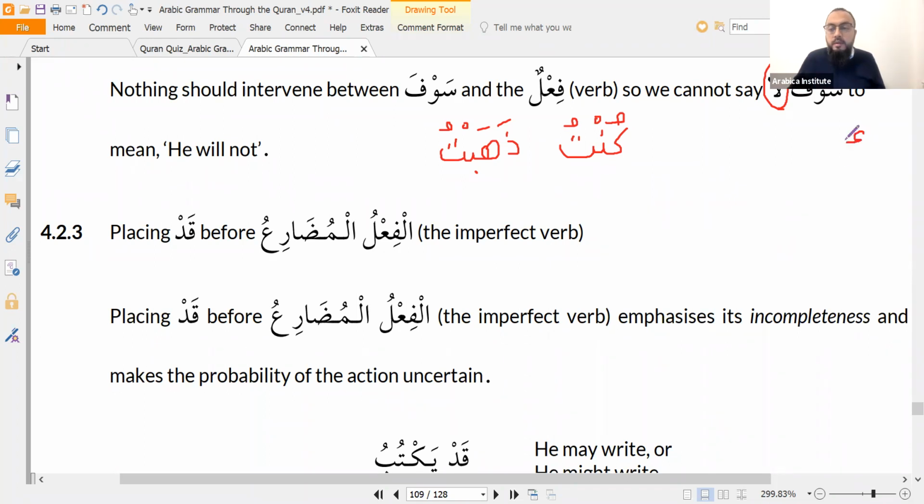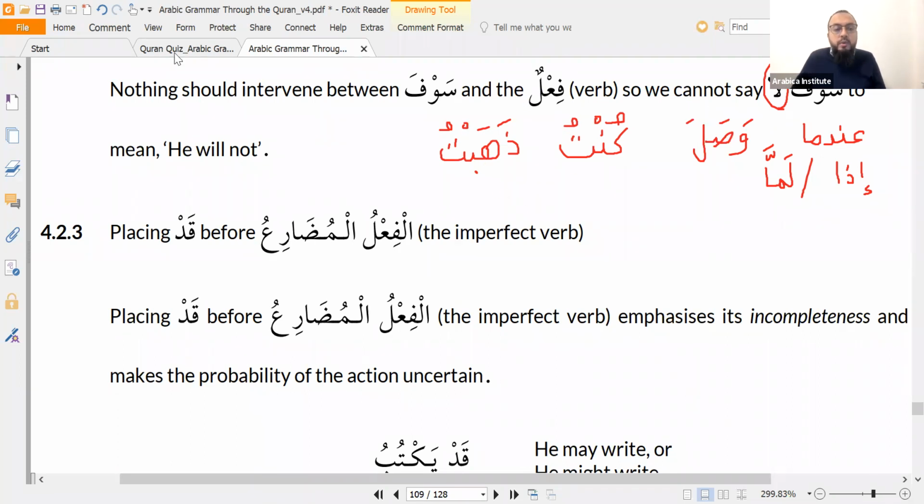Indama, mata, idha. Mata is more for questions, so let's just use indama or idha, or we also say lamma. Lamma also means when. So lamma wasala, when he arrived, kuntu dhahabtu, I had gone.